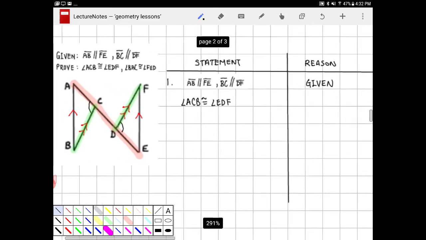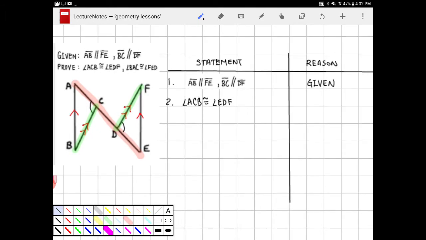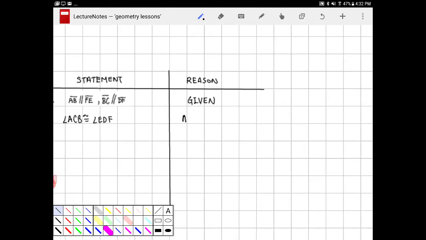So therefore, line number 2 must be true because alternate exterior angles are congruent.